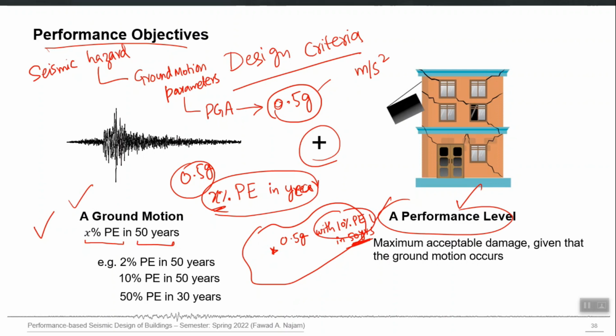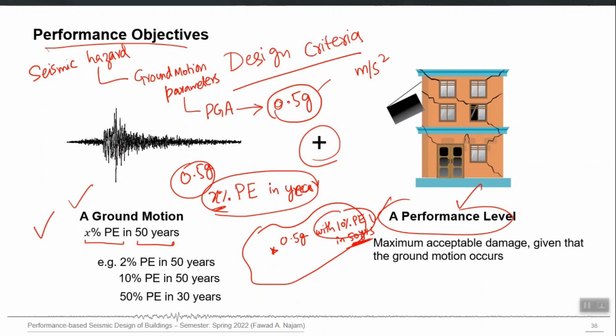So, 0.5 g at 10% probability of exceedance in 50 years means that if you consider the next 50 years to be the design life of your building, then you should expect a 10% chance that your actual PGA from a future earthquake will be more than 0.5 g. But there is a 90% chance that the actual PGA in the next 50 years will remain below 0.5 g. So, you can think of this 10% as an acceptable risk, right.